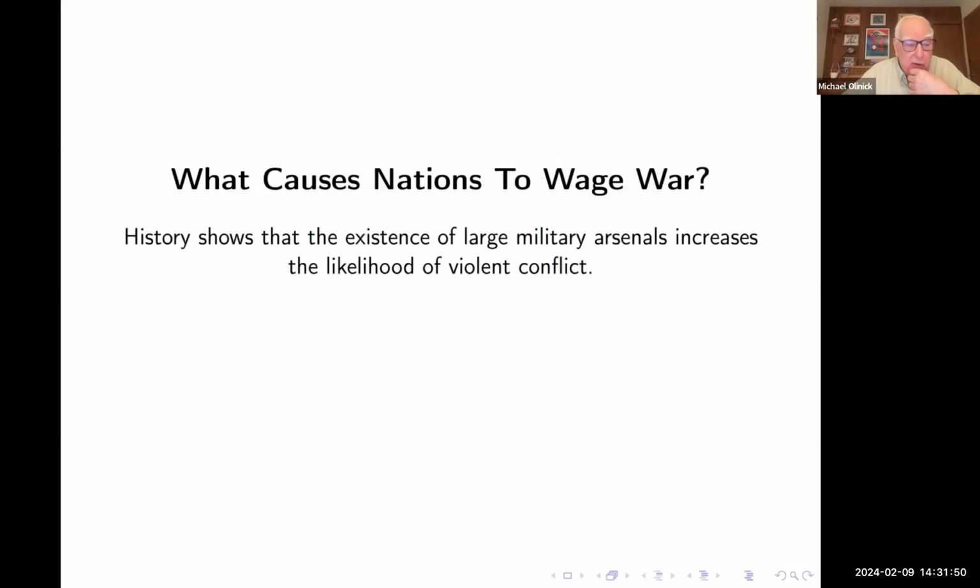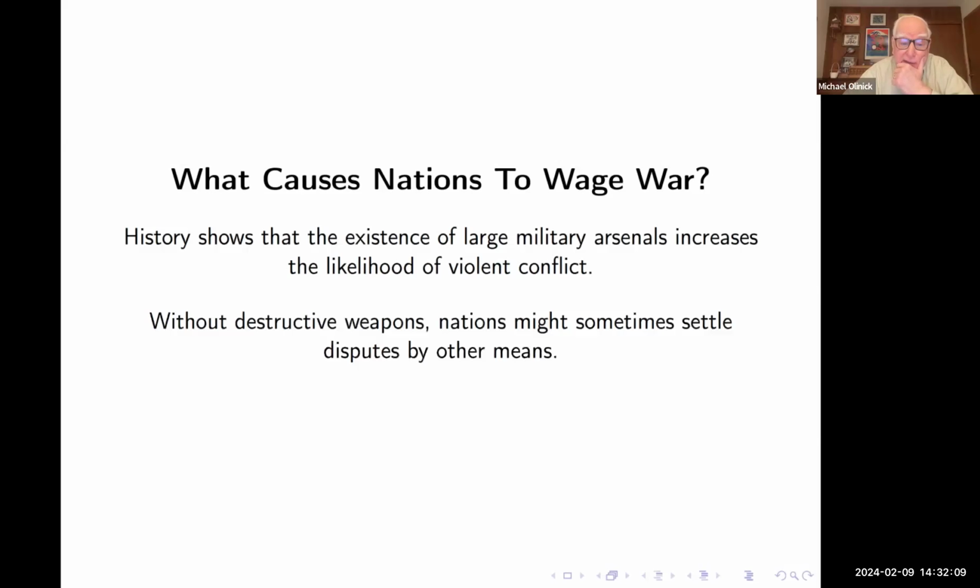What Richardson noticed through a fairly detailed study of lots of conflicts in past centuries was that the existence of large military supplies, weapons, and manpower often increased the likelihood of violent conflict, and that nations which did not have a large amount of destructive weapons were often able to settle disputes by other means.